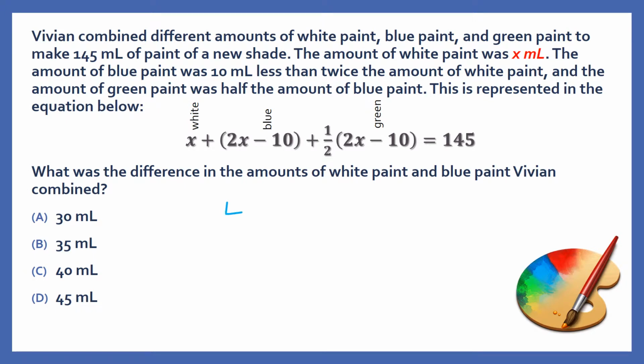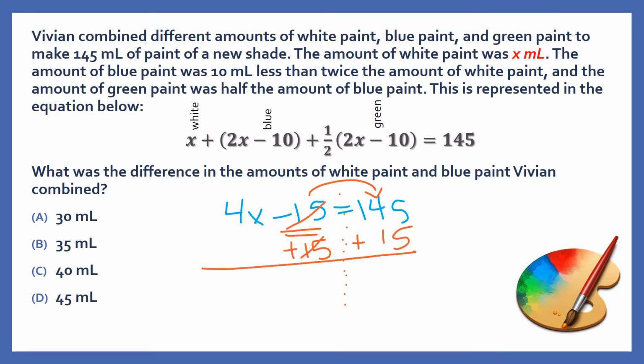Okay, so we have 4x minus 15 equals 145. So now we're going to solve this. When I go to solve it, remember I draw a line through my equal sign. I need to move the minus 15 over first. So I do the opposite to bring that over and I add 15. Bring down the 4x.